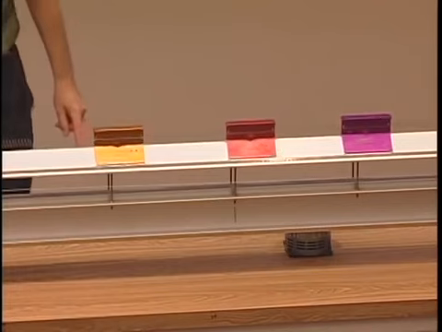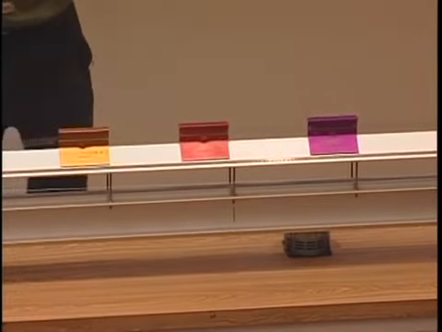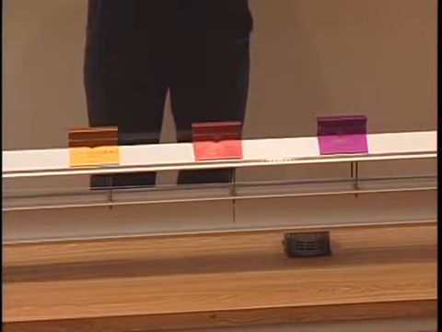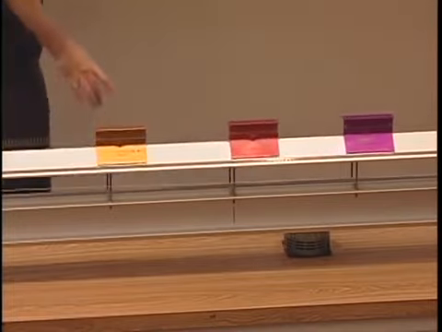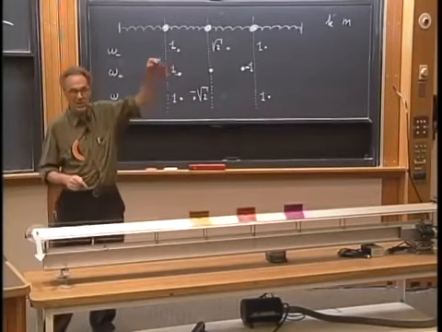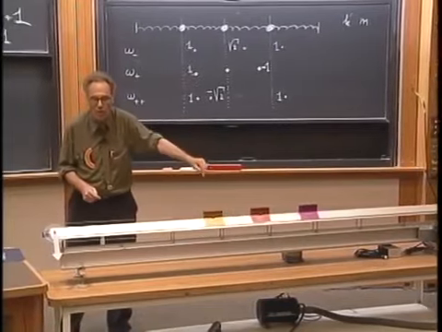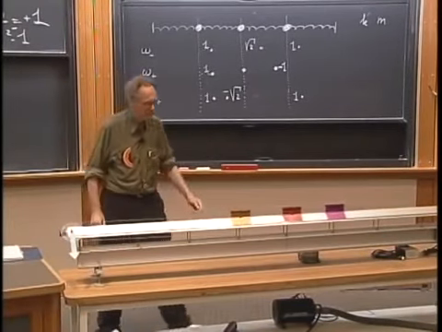That was a criterion for normal mode. They come to a halt at the same moment in time. They all have the same frequency. And the amplitude here is square root of 2 times larger. That is not so obvious. But you see, this is a criterion for normal mode: same frequency and in phase.